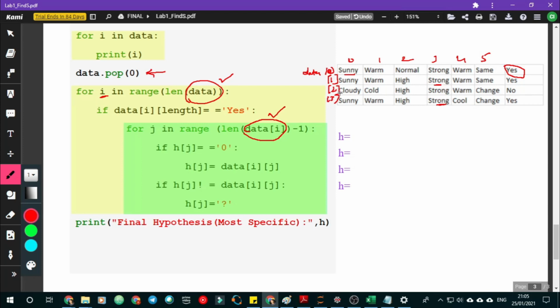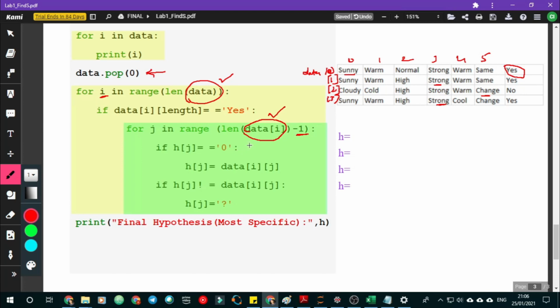Data of 2, 6 is not possible, there is no 6, it is an out of bound error. Data of 2, 5 is change. Clear? Okay. So the length of data of i is 7, and I am using -1 because I need to exclude the label.